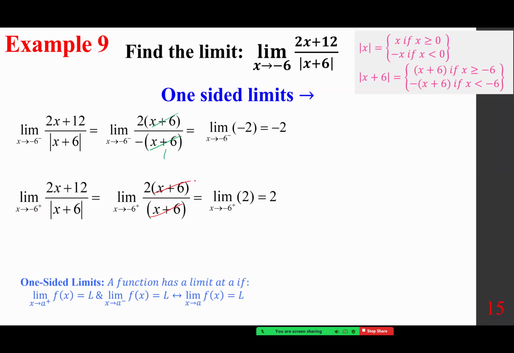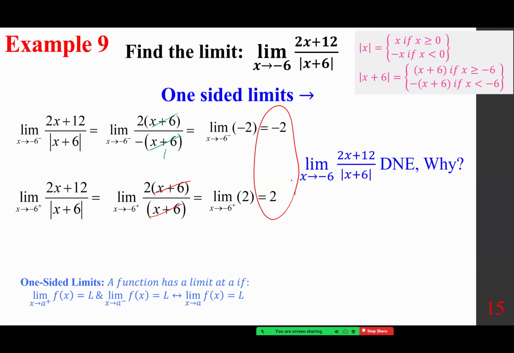And it becomes 2. The limit of 2 as x approaches -6 from the right is 2. Are these two identical? The answer is no. Therefore, the limit does not exist. The reason why is because the one-sided limits are different.